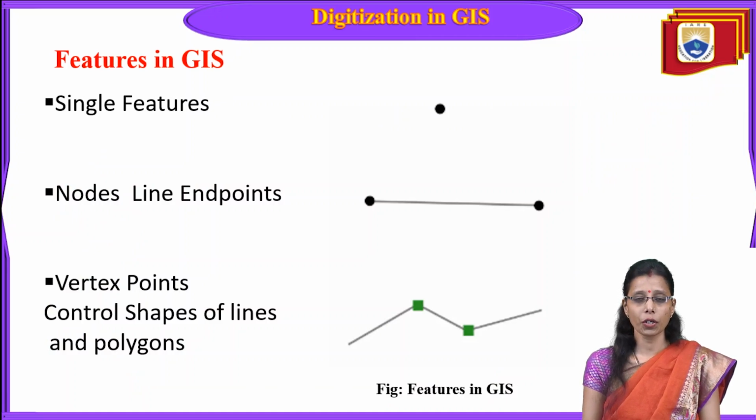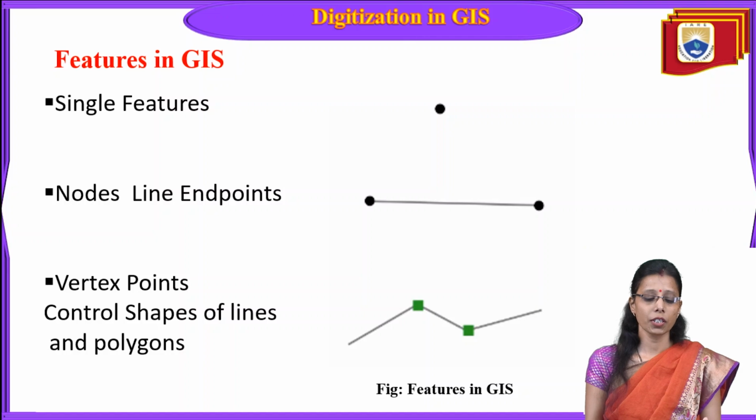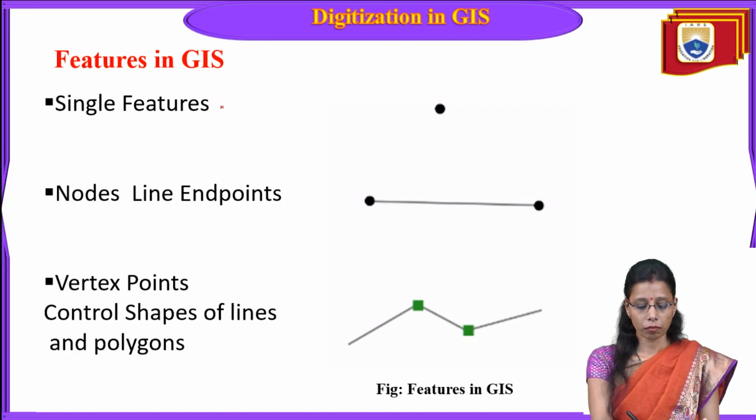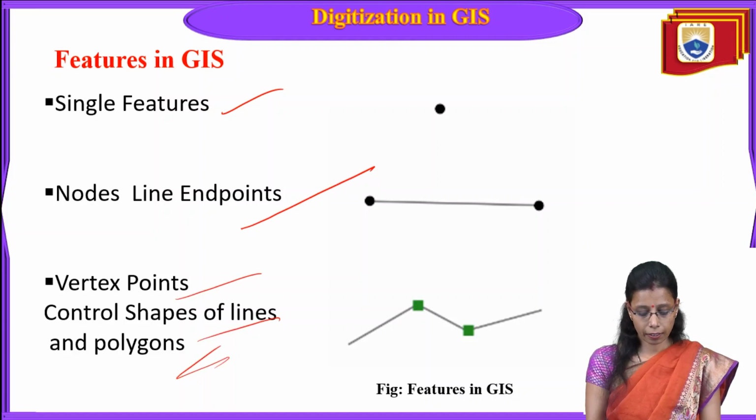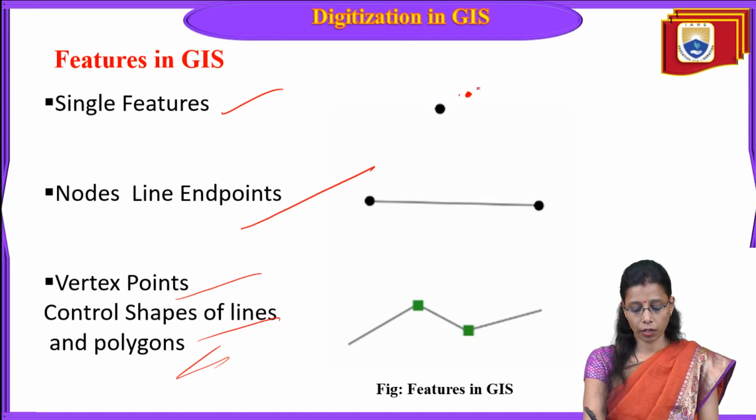Now, how do we do it in GIS? As we have discussed in the previous lectures, there are three features in GIS, three shape types: a single feature, node, line endpoints, vertex points, and lines and polygons. A single feature we call a point, and a line we call a line feature.